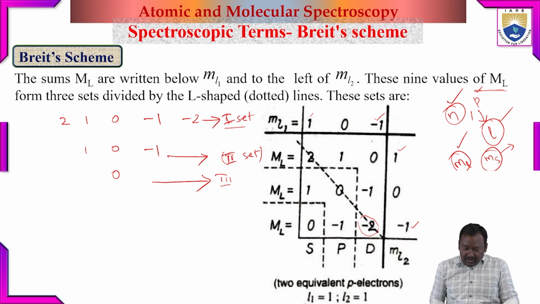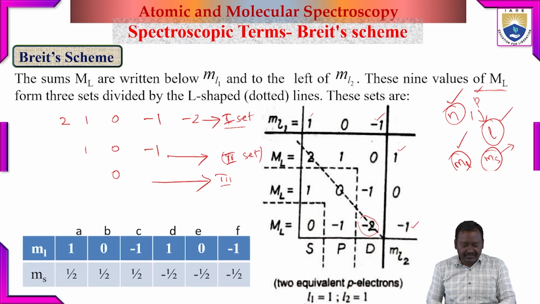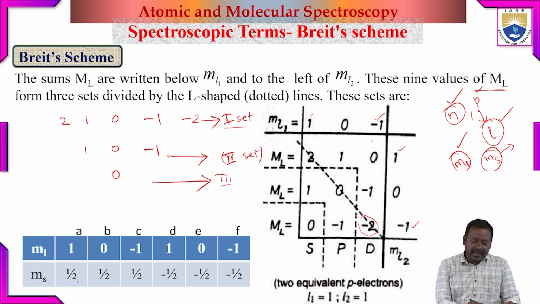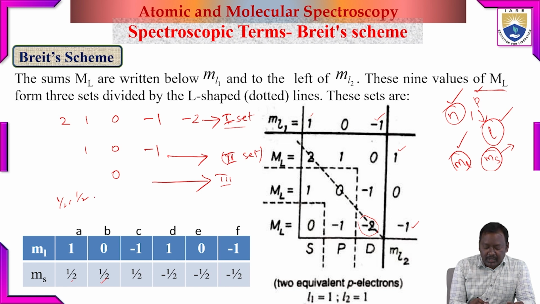So MS value, as we have seen here, whenever two electrons, having two electron combination, one electron may be 1 by 2, second electron 1 by 2, then the possible total spin quantum number S equal to 1.